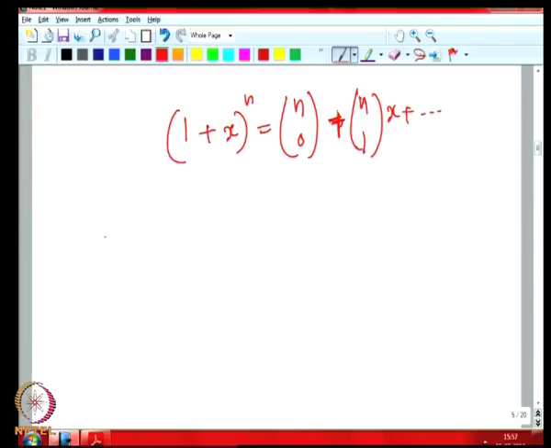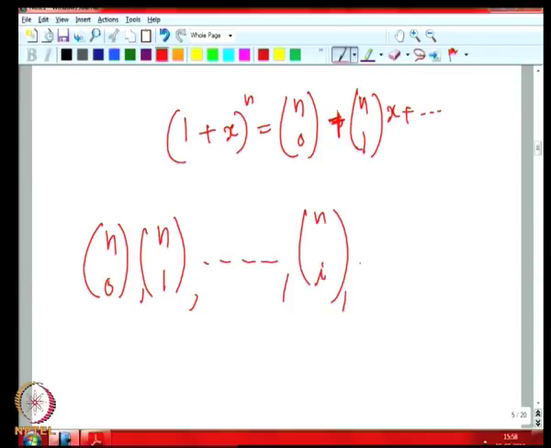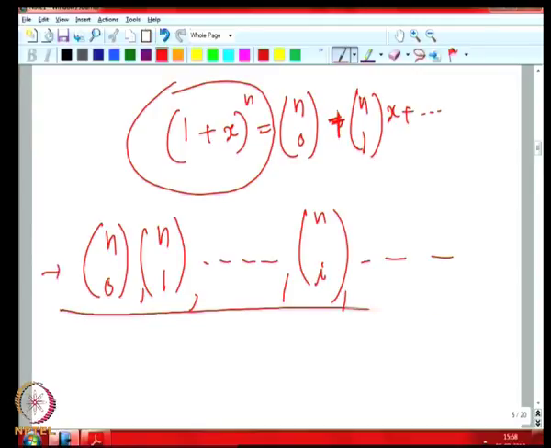So, this is the generating function for these numbers n choose 0, n choose 1 and so on up to n choose n, after that n choose n plus 1, from where onwards it is 0. In other words, this 1 plus x raised to n is the ordinary generating function for this sequence of numbers. So, then it is the exponential generating function for another sequence of numbers.